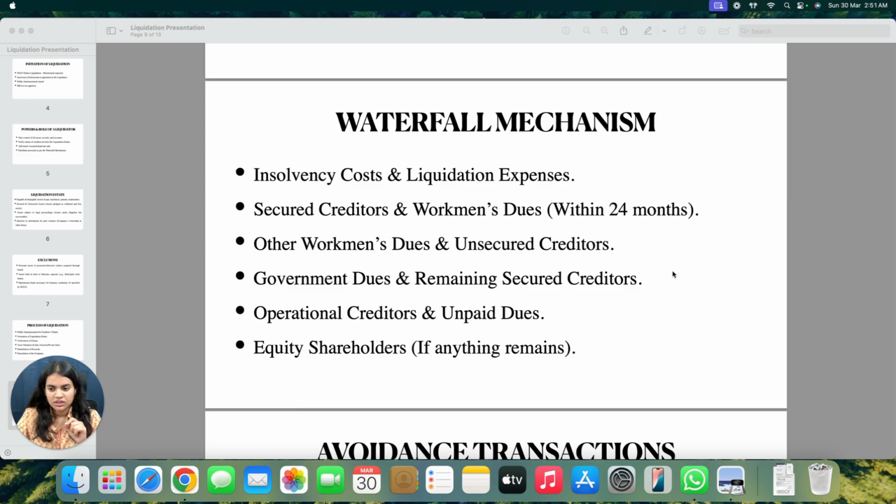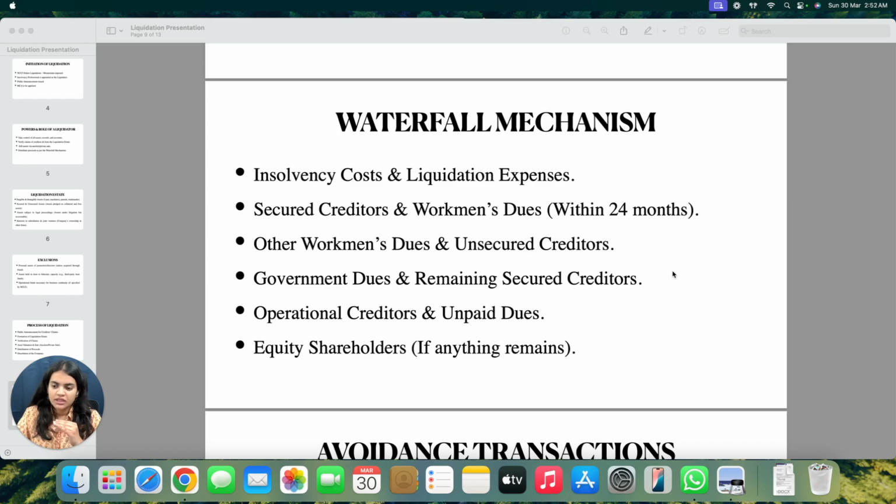And if the debt owed to such a secured creditor is lower than the amount realized from the security interest, supposing the debt is around 8 crores and the actual realized value is 10 crores, then the remaining amount will be considered to have been relinquished into the liquidation estate.